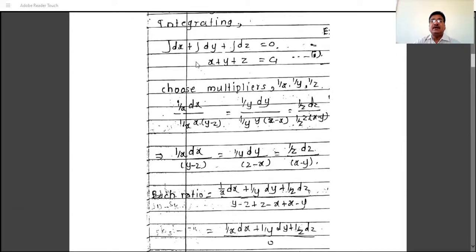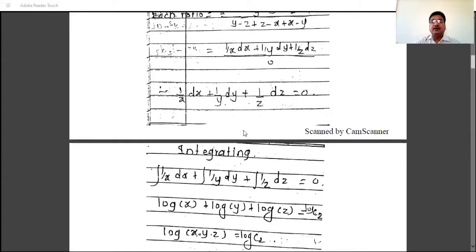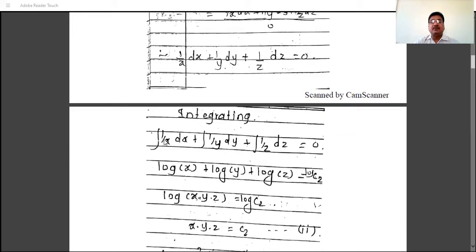So after this step, that is, right, choose multipliers 1 by x, 1 by y, 1 by z, then write directly this step, that each ratio is equal to 1 by x dx plus 1 by y dy plus 1 by z dz is equal to 0. Then integrating, what we have?